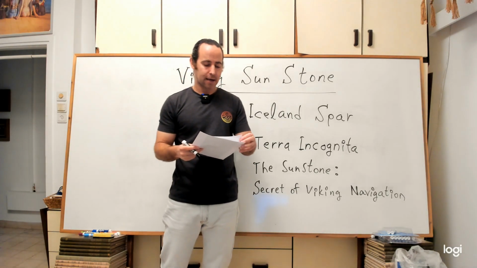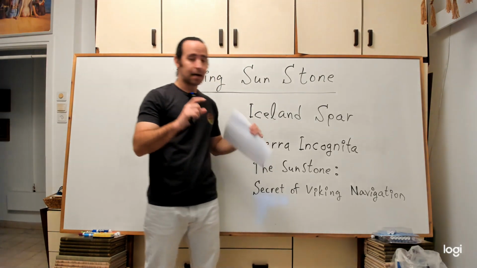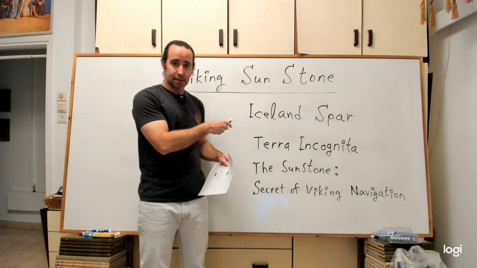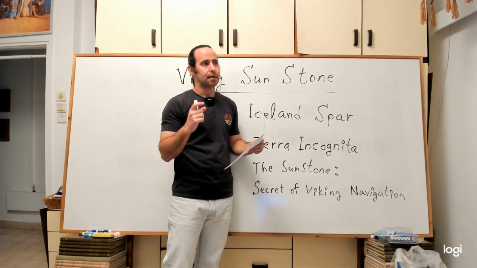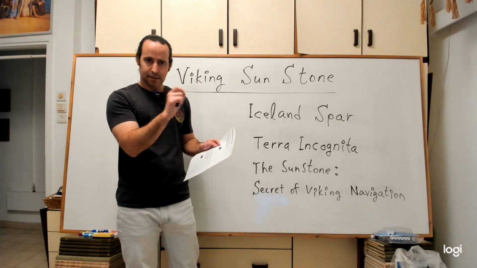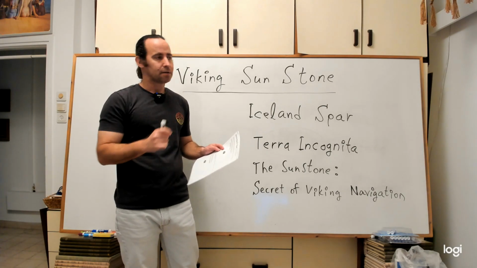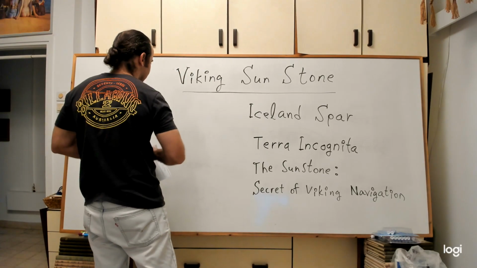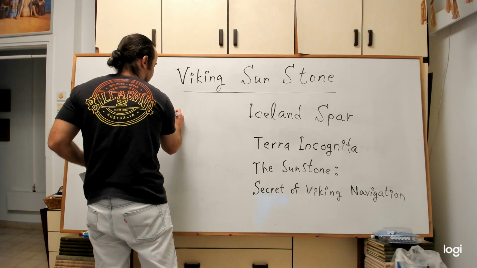They say that it's like a piece of glass, but special, made from this material, calcite, that you hold. You mark some spot on it, and it breaks, like if you have this material.